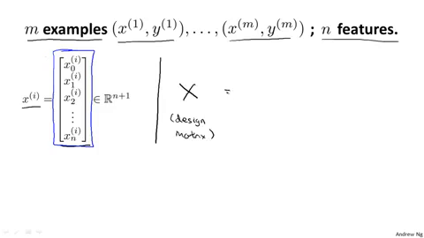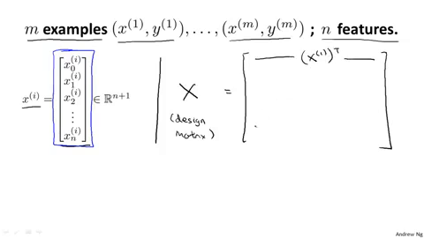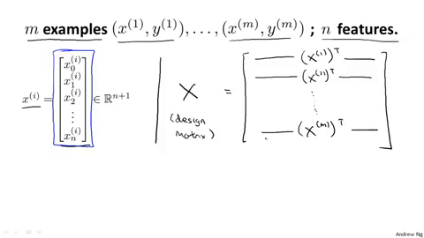The way I'm going to construct my design matrix X is like this: I take the first training example, a vector, take its transpose, so it ends up being this long flat thing, and make x1 transpose the first row of my design matrix X. Then I take my second training example, x2, take the transpose of that, and put that as the second row of X, and so on, down until my last training example, take the transpose of that, and that's my last row of my matrix X. And so this makes my matrix X an m by n plus 1 dimensional matrix.